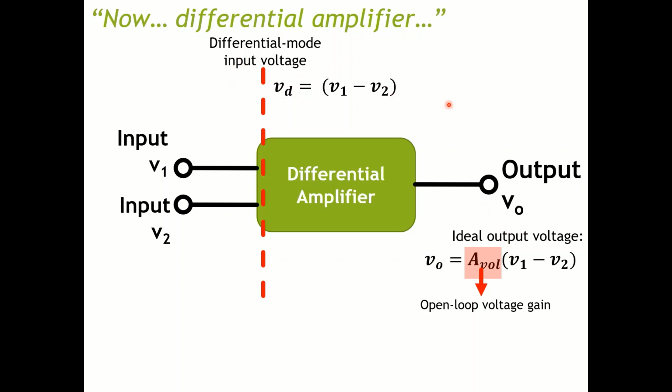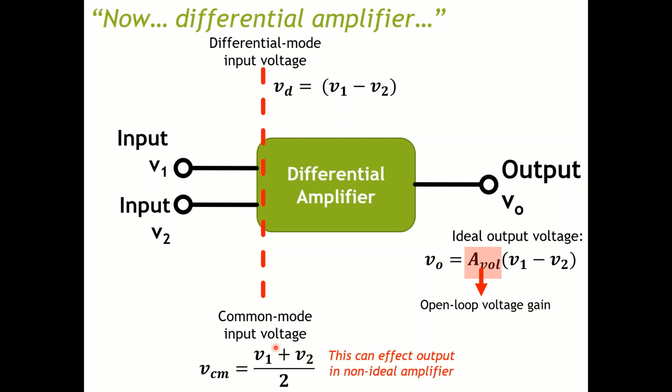Another input is the common mode input voltage, defined as VCM, which stands for common. It is the average of V1 and V2. The reason we need to consider this is that the common mode input voltage can actually affect the output in a non-ideal amplifier.